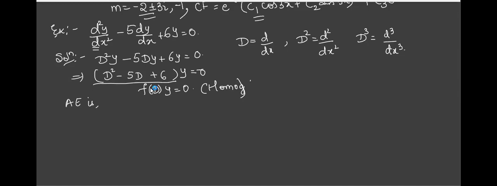Replace capital D by m, so D square becomes m square. M square minus 5m plus 6. Now don't write any y here. The auxiliary equation doesn't contain any y. Remember this. Is it not an easy step to write?